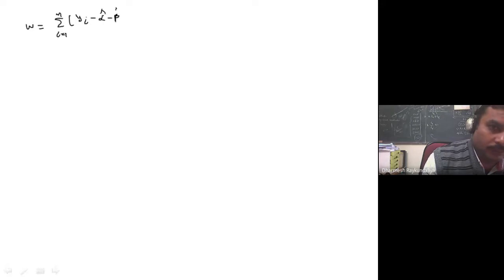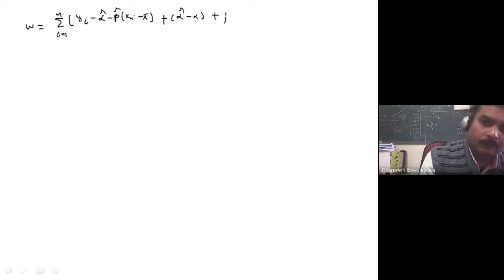So you have the quantity W equal to summation i running from 1 to n of yi minus alpha cap minus beta cap xi minus x bar, plus alpha cap minus alpha, plus beta cap minus beta times xi minus x bar, plus beta times xi minus x bar.